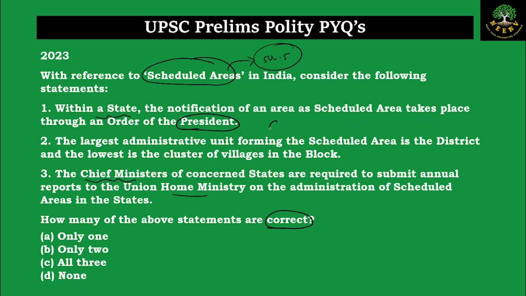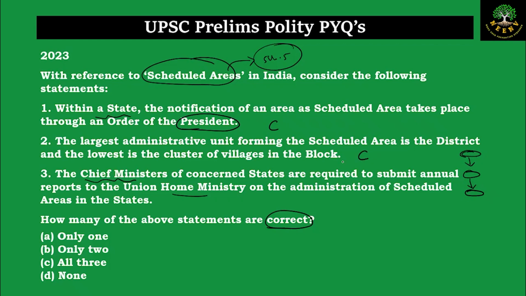So that is correct. The largest administrative unit forming the scheduled area is the district, and the lowest is the cluster of villages in the block. The administrative areas, when a particular area is declared as scheduled area, will be the district, and below the districts we have the block, and below the blocks we have the cluster of villages. So this is also correct.